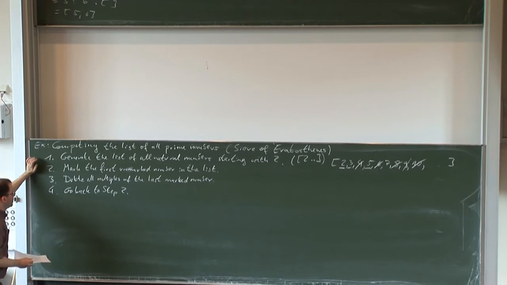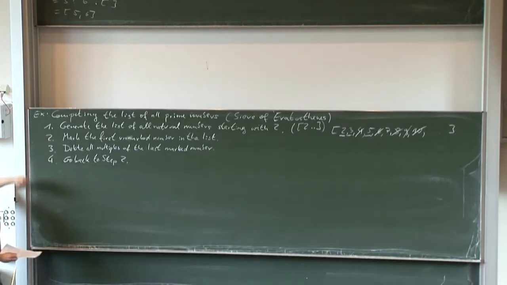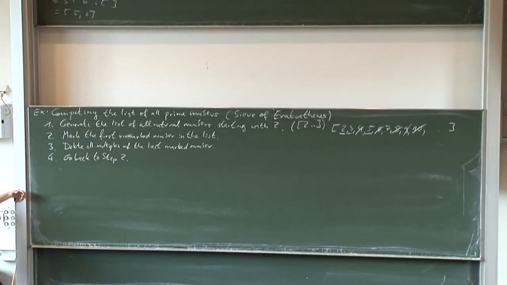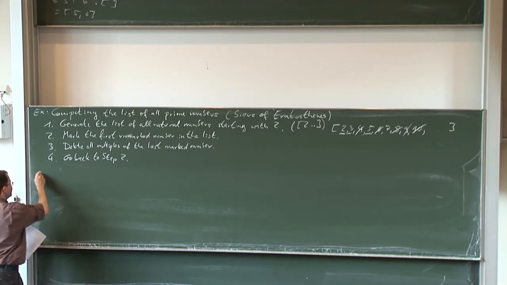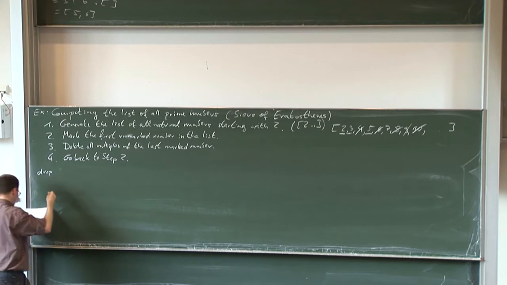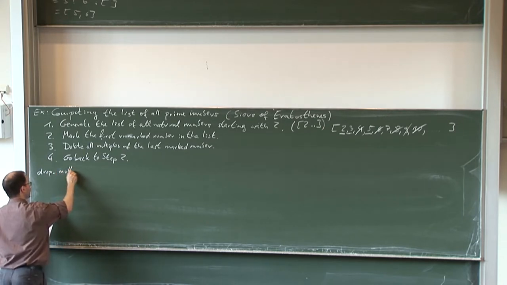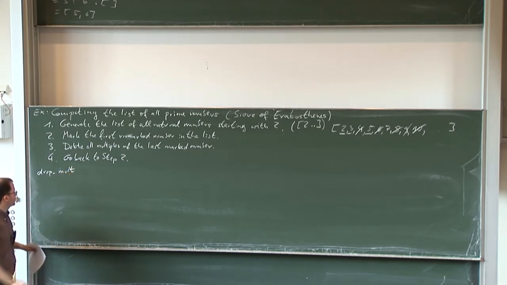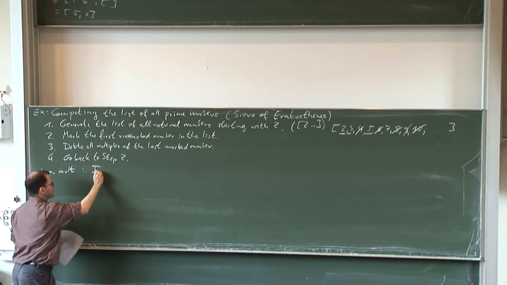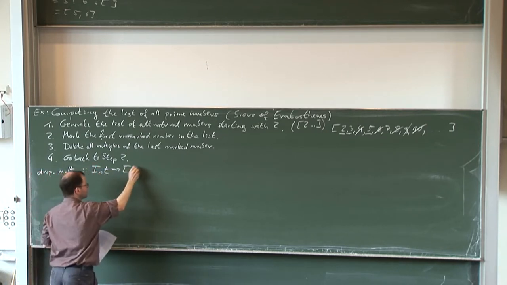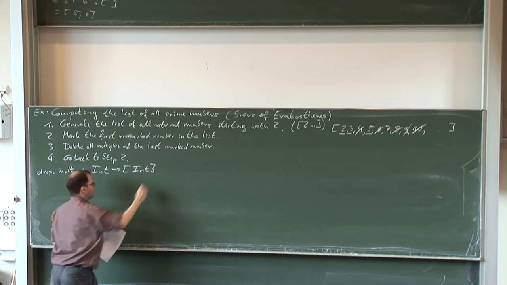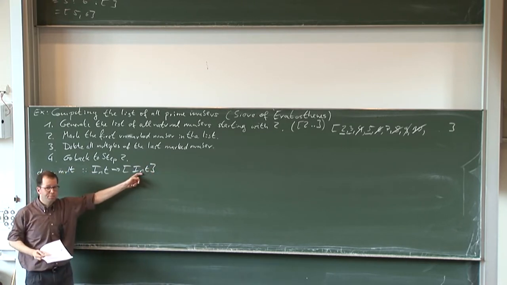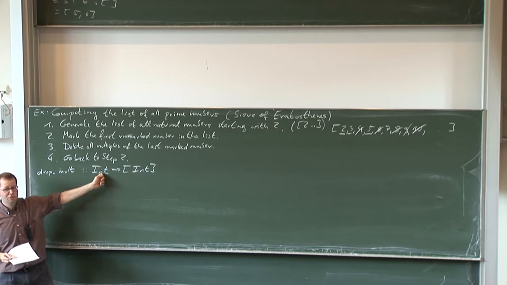Now, to get step 2 and 3, what we basically have to do is drop all multiples of a certain number from a list. So to do this, we define the following function, drop mult. And what drop mult should do is it should take an integer and a list of integers and then give us back this list, but in this list all multiples of this number should be dropped.